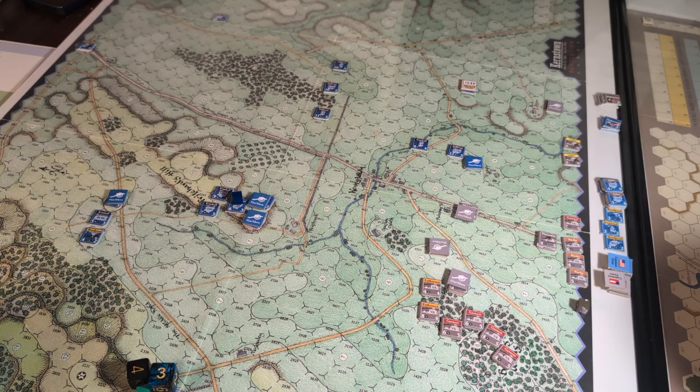So line of sight. Okay, so if an intervening hex, we've got a firing unit that is at a higher level than the target.